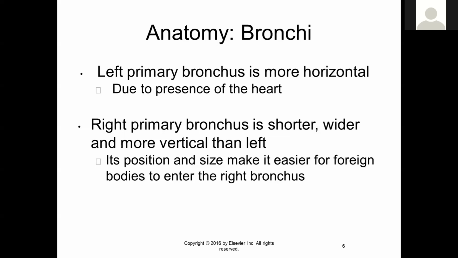What this means is if you aspirate something, take it into your airway, it is more likely to lodge in the right primary bronchus than left because the left is horizontal. It's a steeper angle on the right side. So it's going to drop into that vertical shaft rather than the more horizontal.